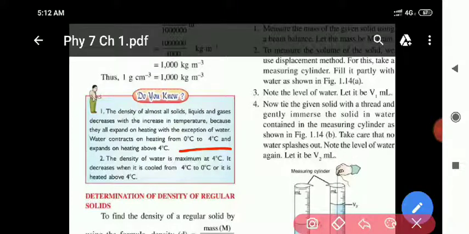It means as all other objects expand, water contracts by increasing the temperature from 0 to 4 and then expands on heating above 4 degree centigrade. So density of water is maximum at 4 degree centigrade. It decreases when it is cooled from 4 degree centigrade to 0 degree centigrade or when it is above 4 degree centigrade.